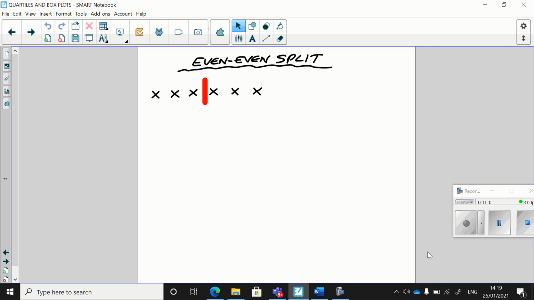That's right. And we're now going to look at the left. Because 6 is even, we're landing between two numbers, and we can see there's 3 either side. It doesn't matter that 3 is odd here. It was the fact we had a 6, so the split goes between two numbers. Okay, so that's Q1. And on the right-hand side, again we've got 6 numbers, so we're going to have 3 either side.